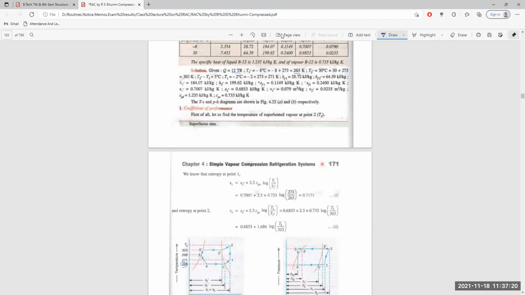So T2 dash is given as 30 degrees centigrade, which is 30 plus 273, equal to 303 Kelvin. T3 is given as 5 degrees centigrade below this, so there is a reduction from 303 to 298, a 5 degree temperature reduction during the subcooling process.